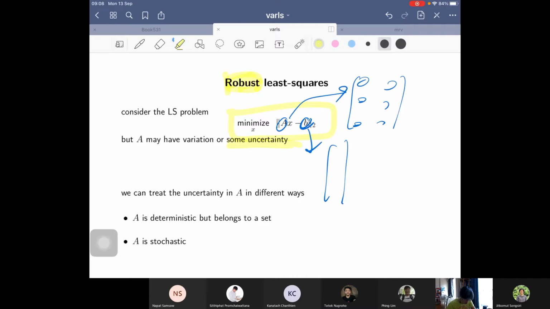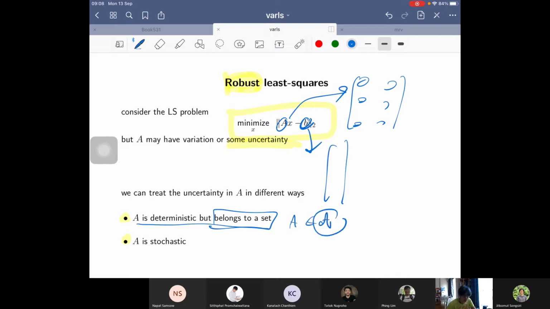The way we will handle this uncertainty can be split into two categories. The first one is that the uncertainty on A can be viewed as A belonging to some uncertainty set. This set has a lot of members, a lot of possible combinations of different values in A. But in the first direction, we assume that A is deterministic, not random.